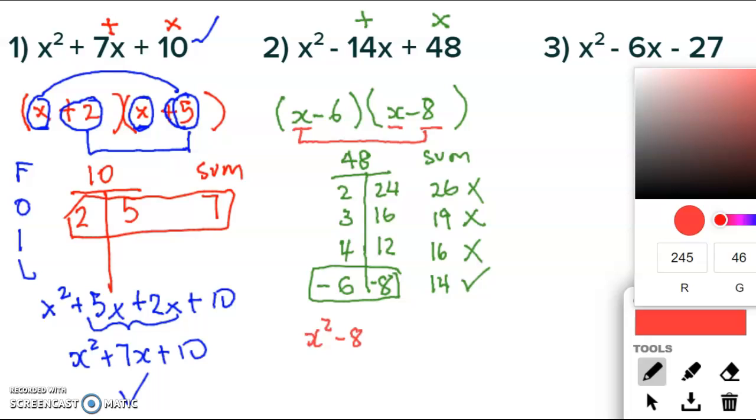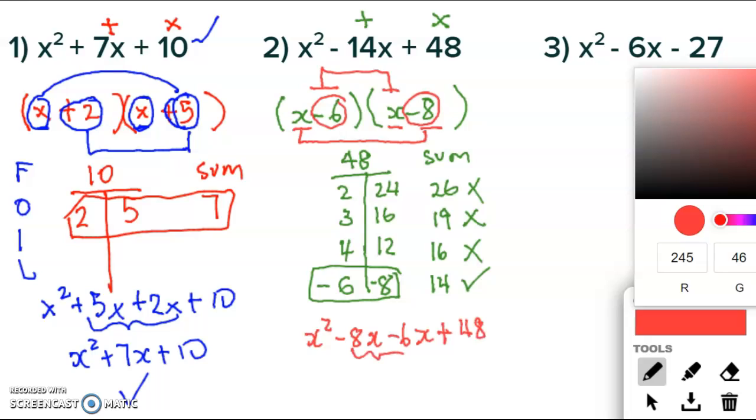And then inside is negative 6 and x. So that's negative 6x. And then finally, L stands for last with last. So that's negative 6 times negative 8, which is going to be positive 48.